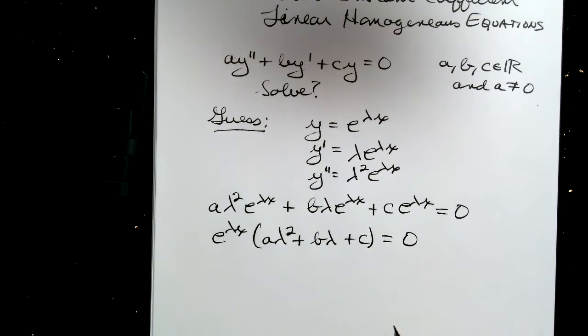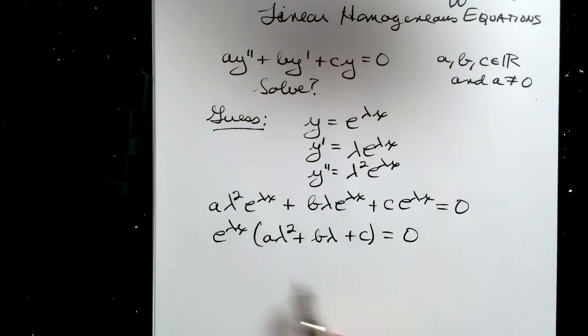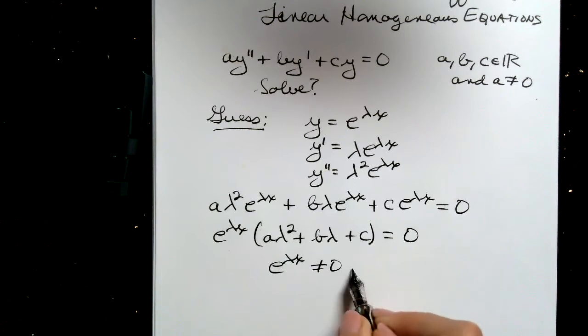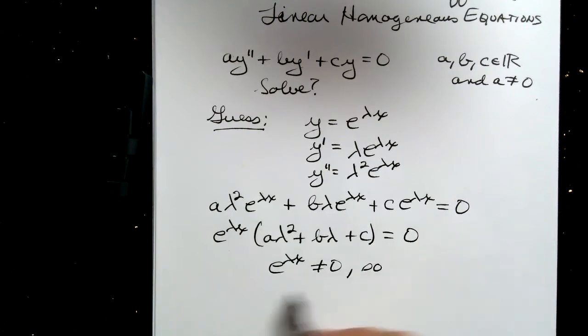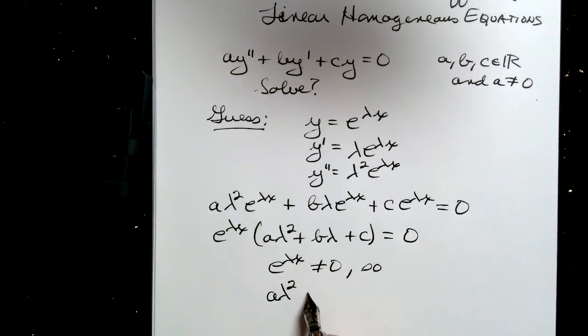Now I can divide by e^(λx), because e to the anything is never equal to 0. So we can divide by it and get aλ² + bλ + c = 0.